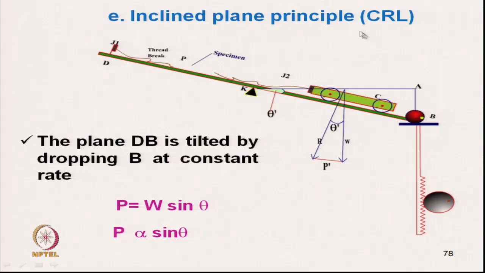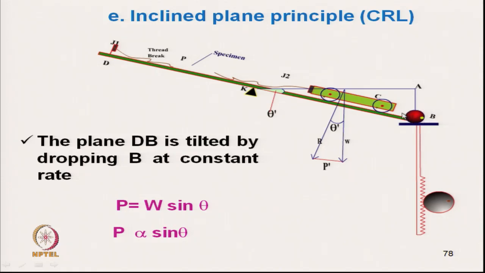Now, the next principle works on constant rate of loading, and is known as the inclined plane principle. The plane dB is tilted by dropping B at a constant rate.